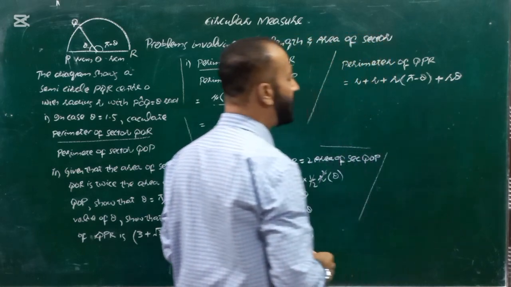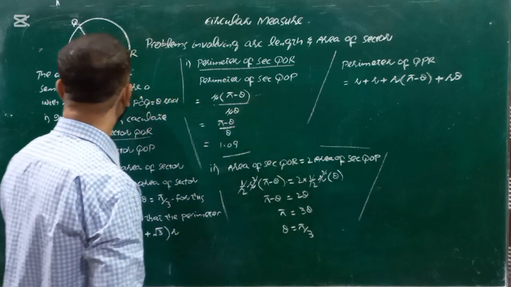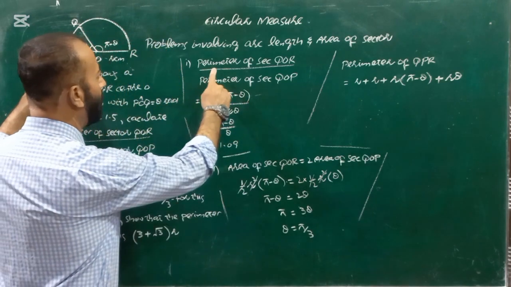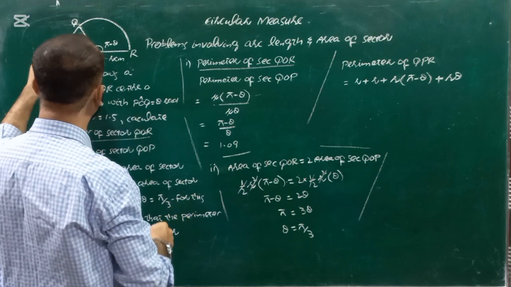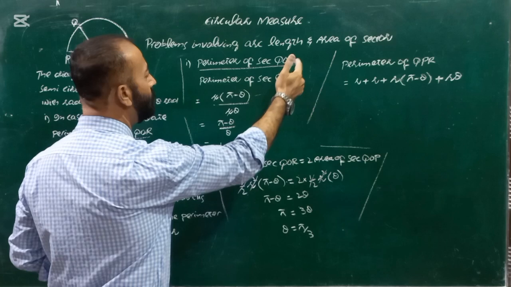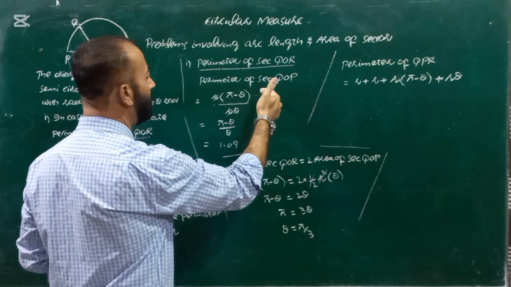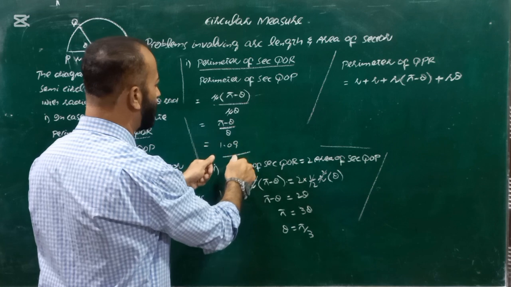But before proceeding, look students, I have not placed this R plus R because the requirement was perimeter of the sector. I have not placed this R plus R and in the denominator as well R plus R because 2R will be cancelled by this one. So the ratio was same. That's why I have put only this thing.